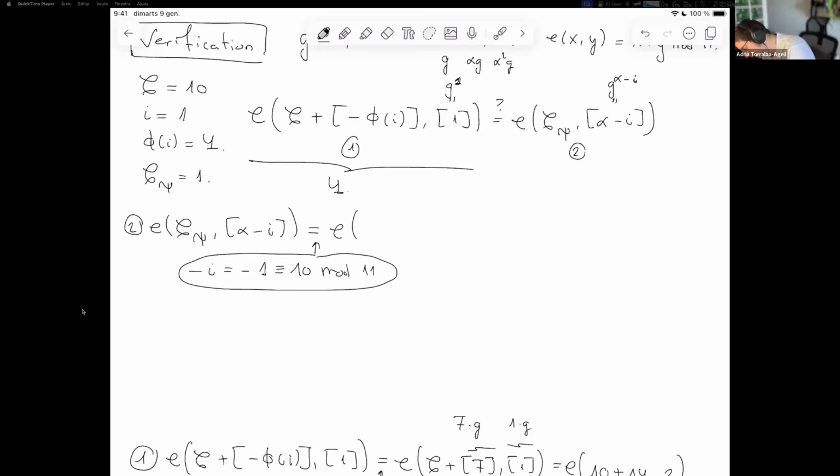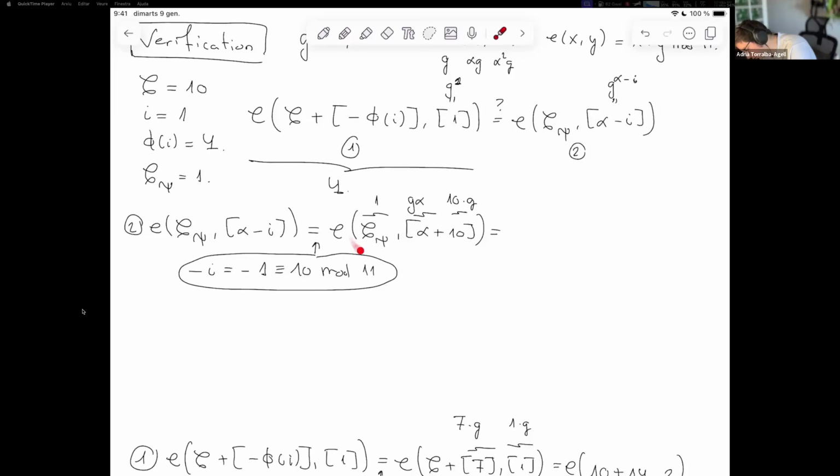So, alpha plus 10. And now, what do we have here? Because I recall that this is G alpha, and this is 10 times G, and this is 1.